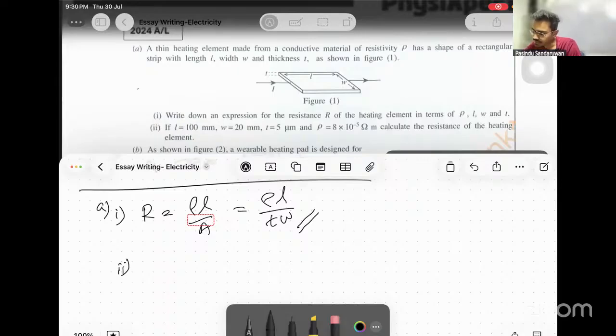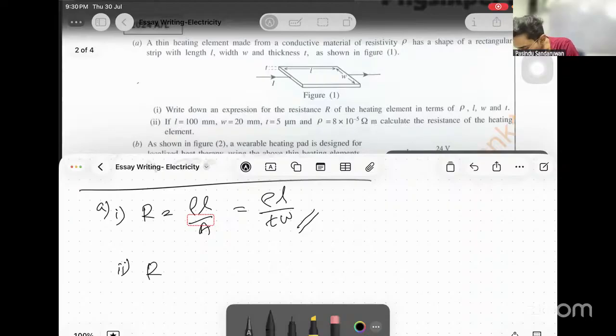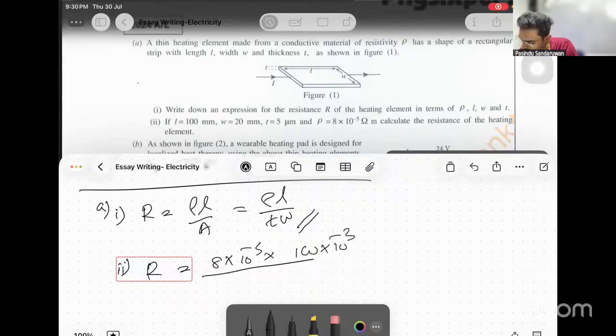Now calculate the resistance of the heating element. Plugging in the values: rho is 8 times 10 to the power minus 5, length is 100 millimeters, which is 10 to the power minus 3 scaling, over W of 20 millimeters and T of 5 micrometers, which is 5 times 10 to the power minus 6.